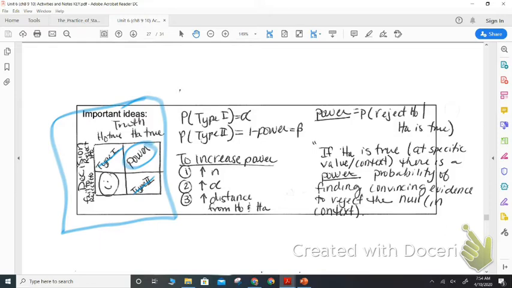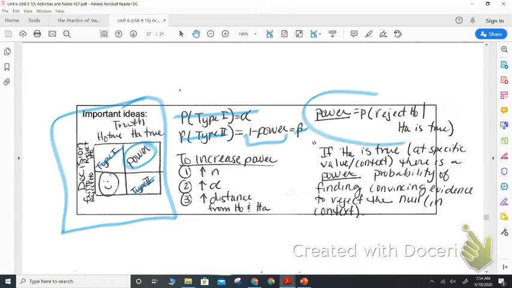We knew from a previous section of notes that the probability of making a type 1 error is alpha. The probability of making a type 2 error is beta, just another Greek letter, and it's equal to 1 minus the power. So in the potato chip problem that we looked at a minute ago, where the power was 75%, the probability of making a type 2 error would be 25%.